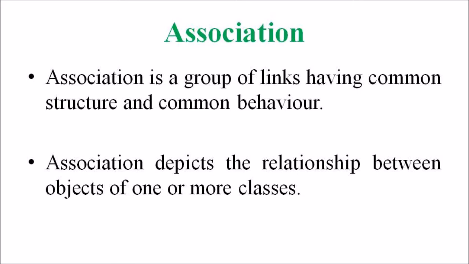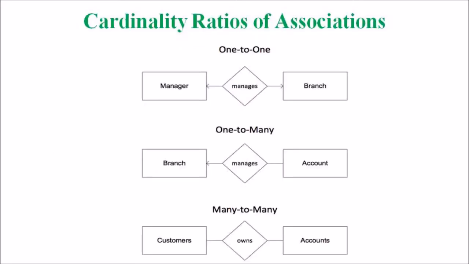When it comes to the cardinality ratios of association, the cardinality of a binary association denotes the number of instances participating in an association. There are three types of cardinality ratios, namely one-to-one, one-to-many, and many-to-many. In a one-to-one relation, a single object of class A is associated with a single object of class B. So one class is directly associated with another class.